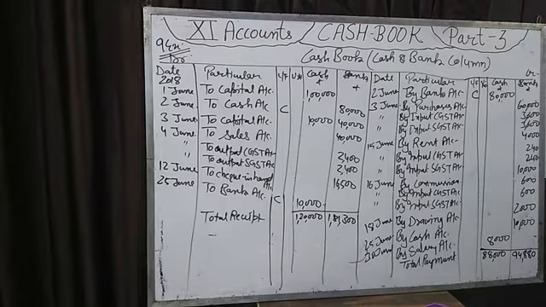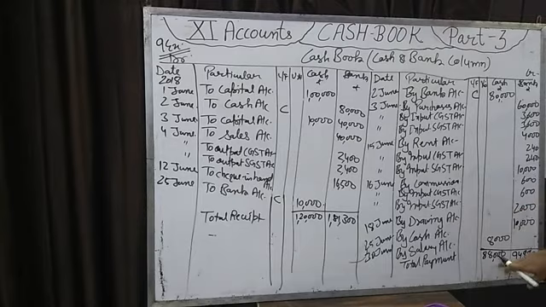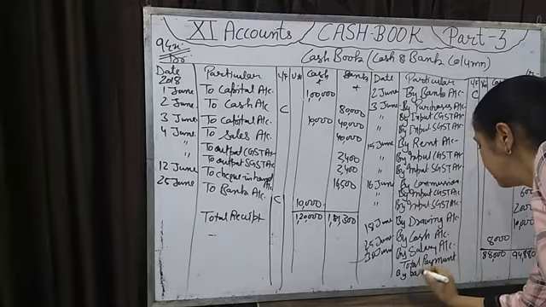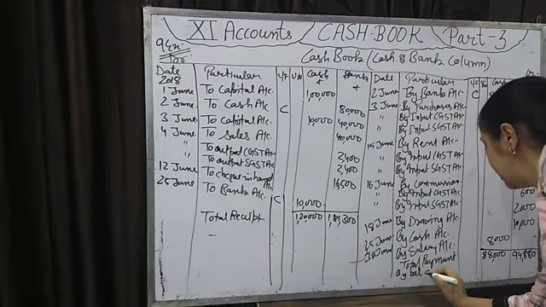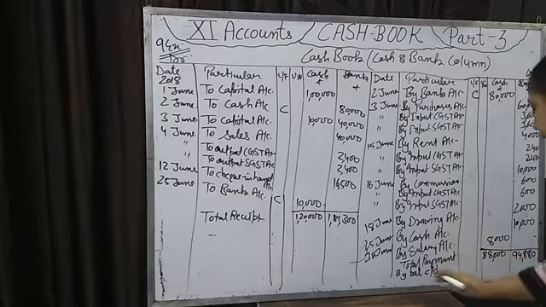Okay. Now we will calculate how much cash and how much bank balance we have at the end of June, on 30th June. We have received cash 1,20,000 and we have paid 88,000. Then the balance of cash we will write here. जिस side का total कम होता है, on that side we will write the balance carried down.